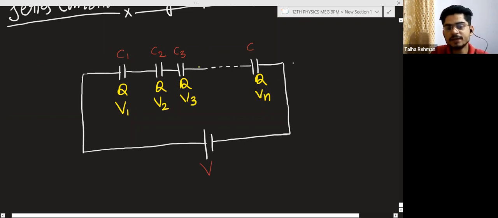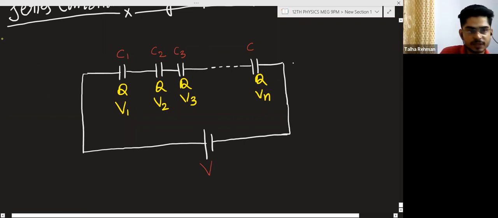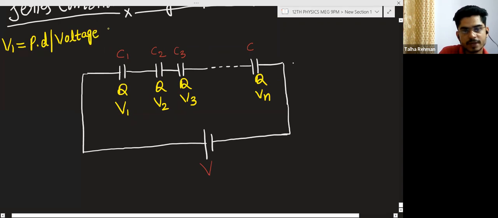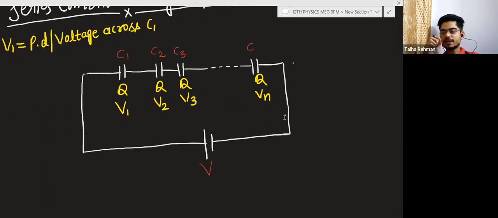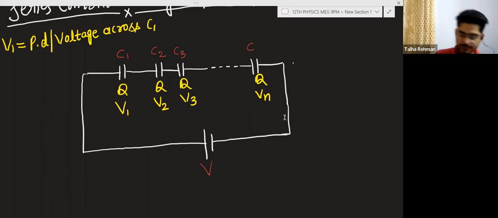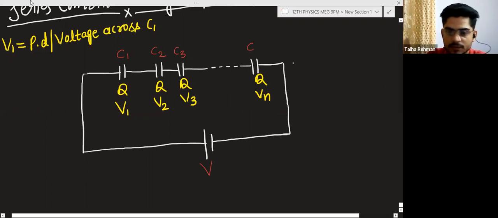Here n capacitors are connected in series, and V1 is the voltage across C1. Accordingly, you can write V2, V3, V4 and so on. So this is a network of series combination of capacitors.